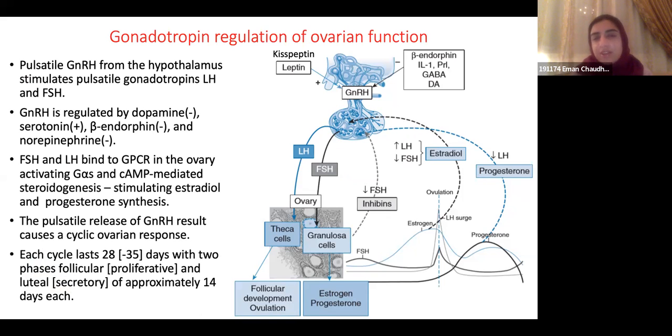Now, the reason is, and you're going to learn this in third year, I'm not going to go into detail about it, is because when it's released in a pulsatile fashion, that is actually allowing the pituitary to not get used to it. So it keeps on releasing FSH and LH every time it receives GnRH, okay? If it were happening in a continuous fashion, what happens is the receptors on your pituitary gland start to downregulate because you're always seeing GnRH.